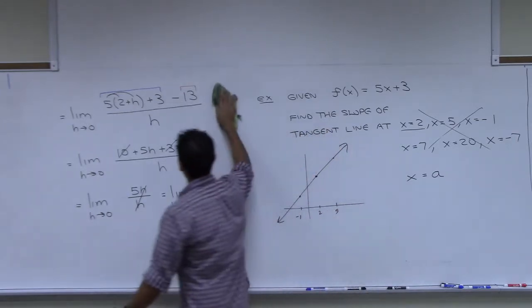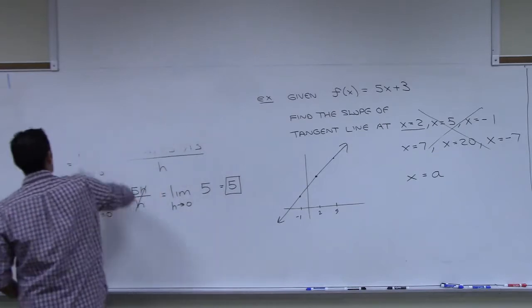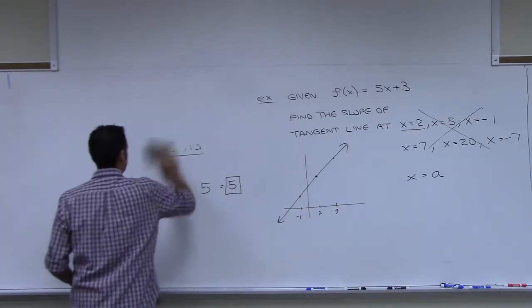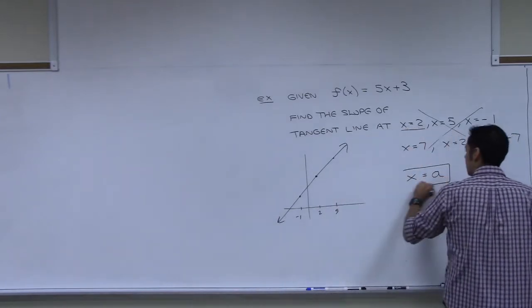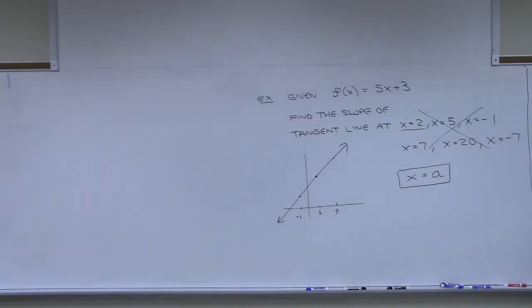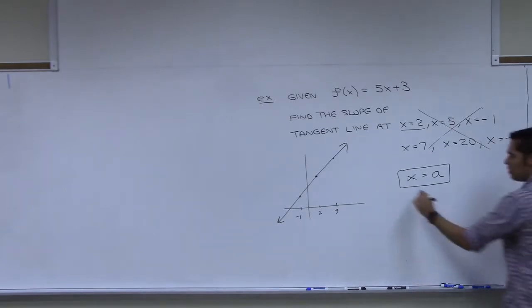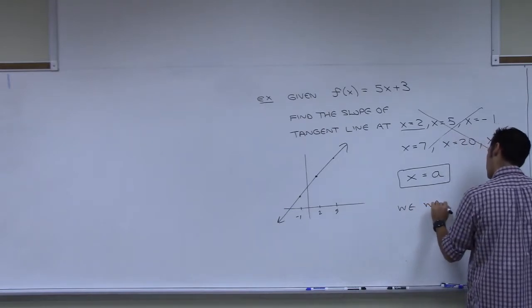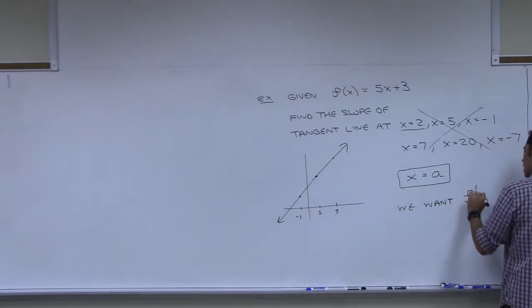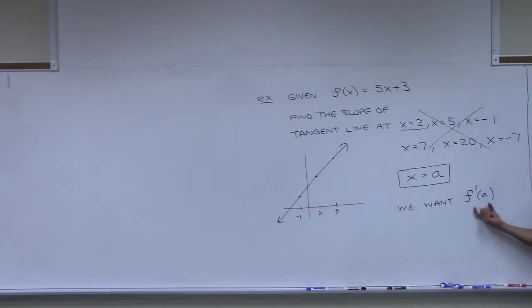So what we'd like to do now is focus our attention on finding the slope of the tangent line at a instead of a fixed number. So this really means we want f prime of a, right? That's what we want.